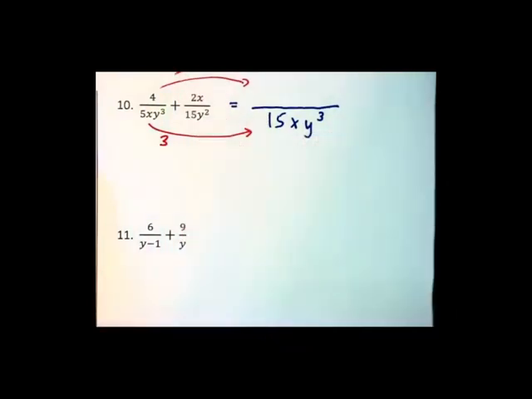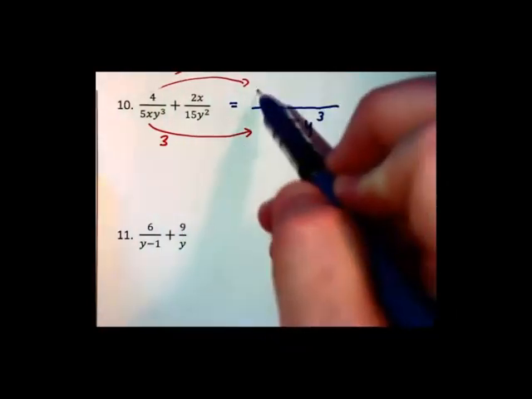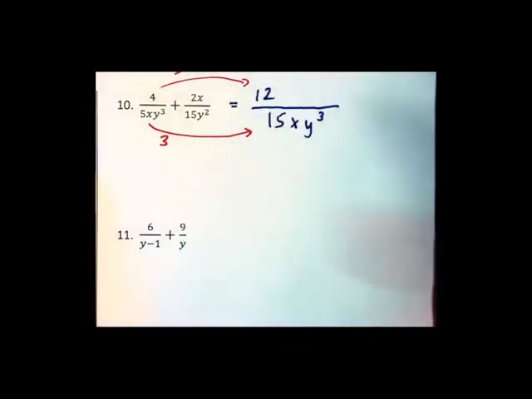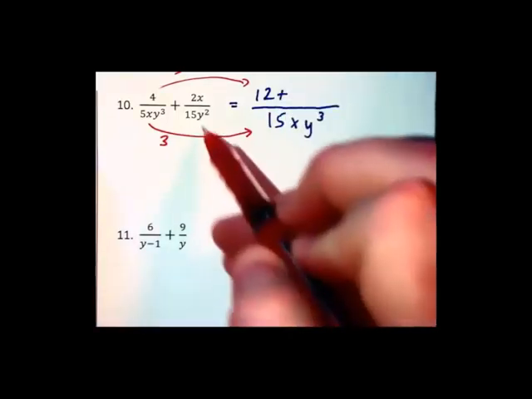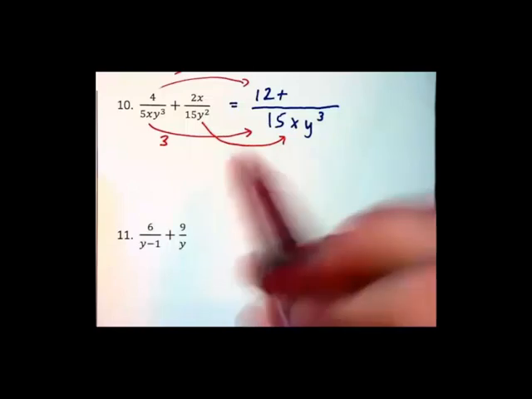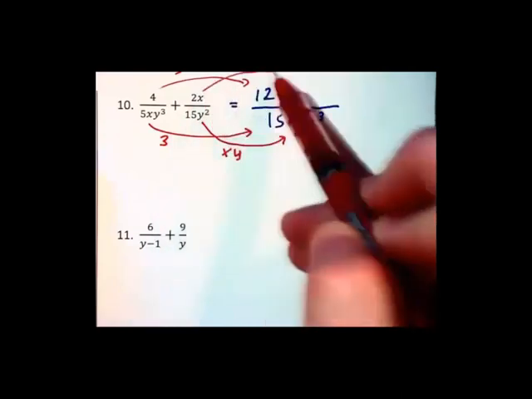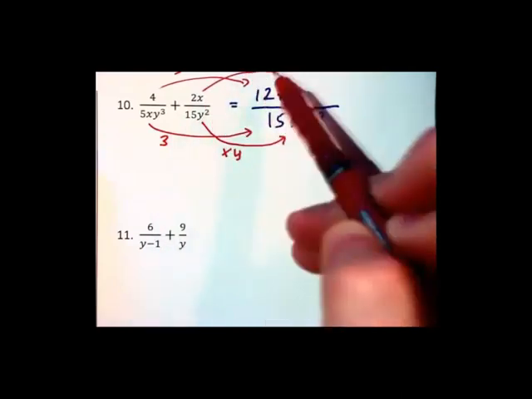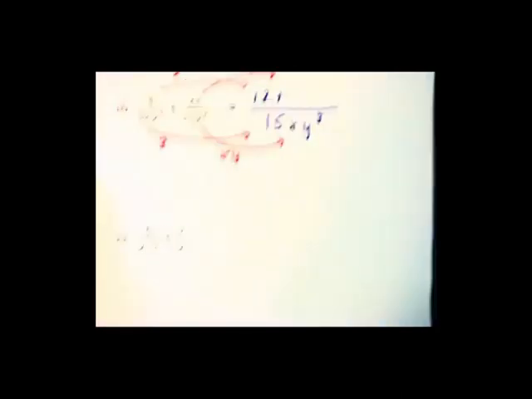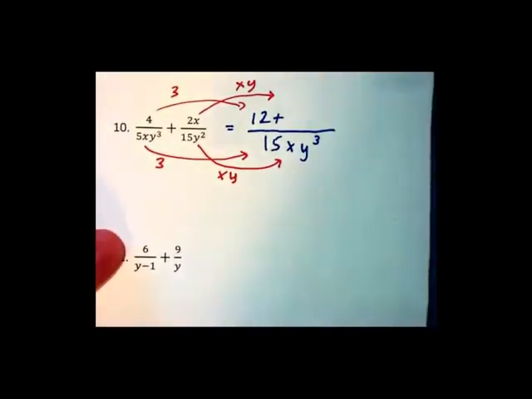All we've done is multiplied by 3 down below. So we're going to multiply by a 3 up above and get 12 plus, which goes between the fractions. Now we look at the 15 and the 15, no change there. The x is new and one of the y's is new. So we're multiplying by xy going to that new fraction. Oh, I'm sorry, that's not visible there.